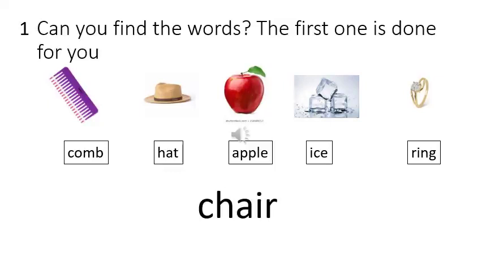Which word is this? You can read the word? Yes, this is chair. So, chair word you have derived out of these 5 pictures. Okay, let us do the next one.